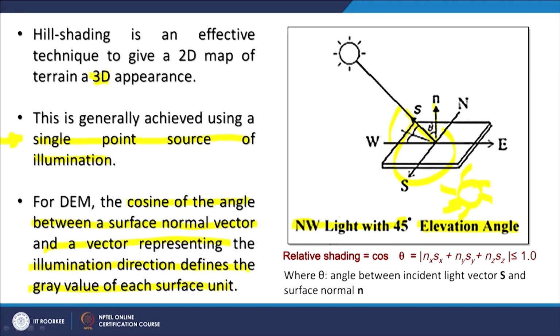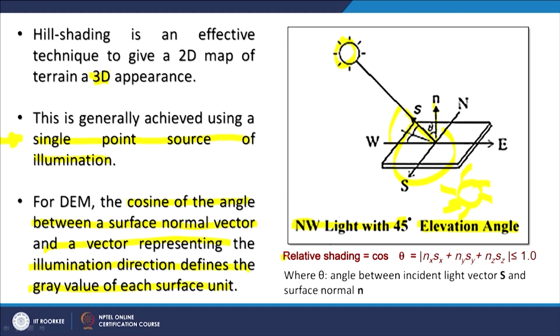So, with this sun position, if a slope is facing the sun completely, it will be highly illuminated. But if a slope is just opposite to the sun direction, it will be in shadow. Once you have shadowed and illuminated surfaces or slopes like this, you start feeling the appearance of 3D from a digital elevation model after this processing.